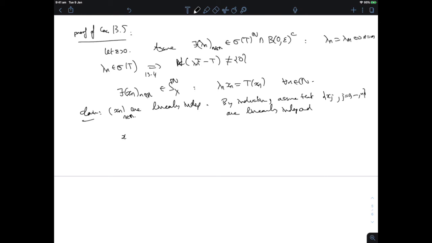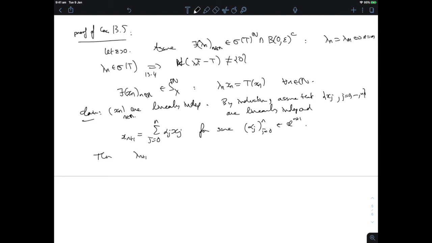And x_{n+1} equals the sum of alpha_j x_j, j equals 0 to n, for some alpha_j's in R^{n+1}. Well, okay, then what happens?